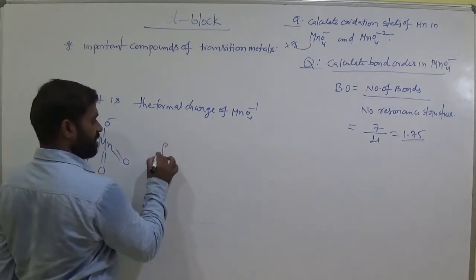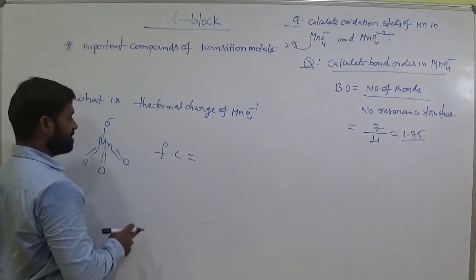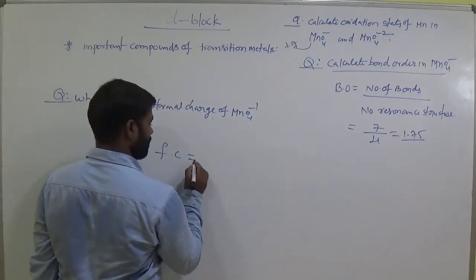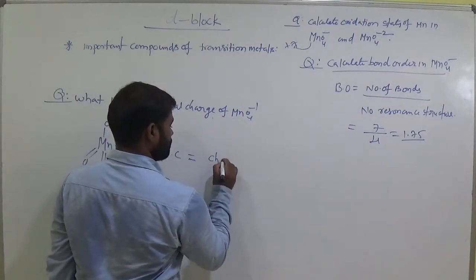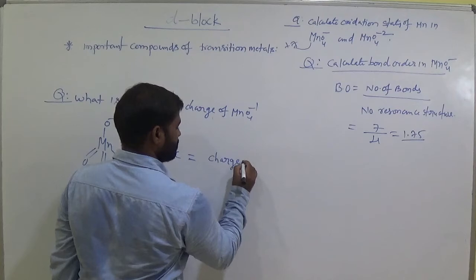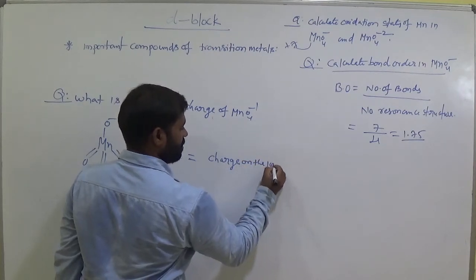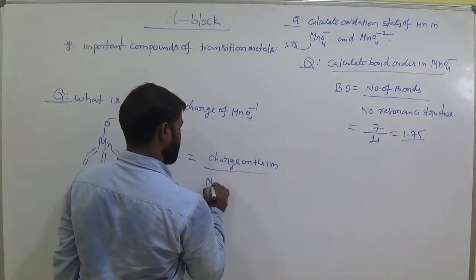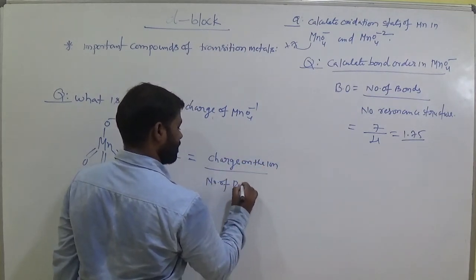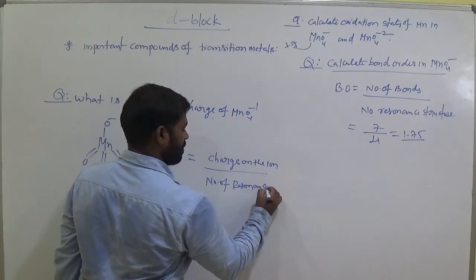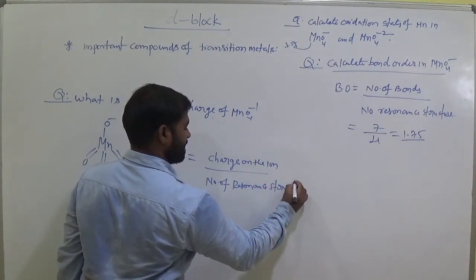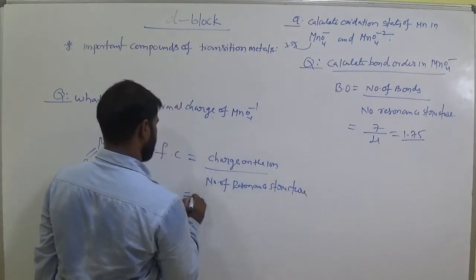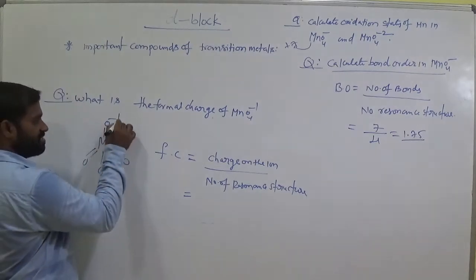Formal charge is equal to the charge on the ion by the number of resonance structures. So what is the charge on this molecule? -1.